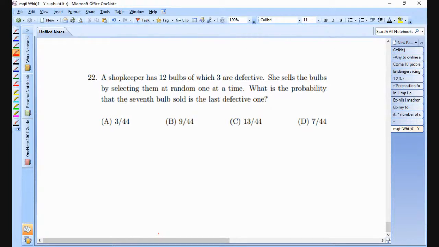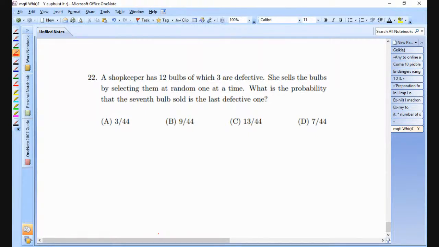Until the sixth trial, there has to be 2 defectives, and out of 9 non-defectives, there has to be 4. So among the 6 bulbs that she selected first, there has to be 2 defective and 4 non-defective.